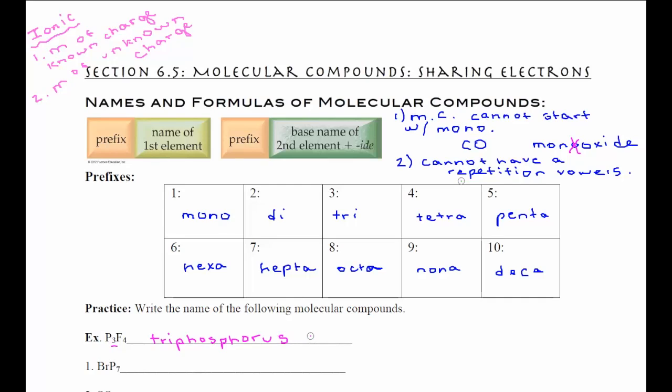And then it is 4 fluorines. So 4 is tetra, and remember, for the fluorine I've got to add the IDE ending. So instead of fluorine, it would be fluoride. So, triphosphorus tetrafluoride. I need you to do number 1 and number 2, so pause the video.